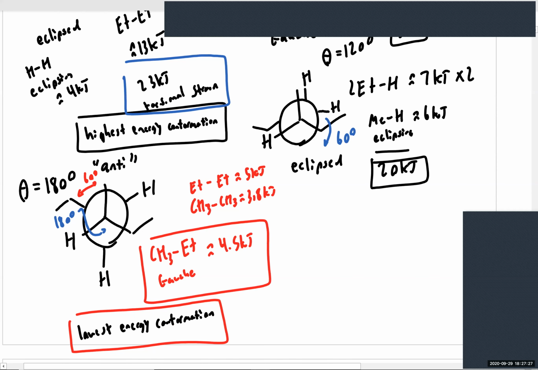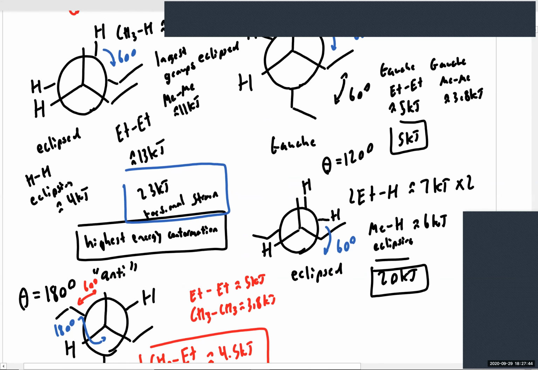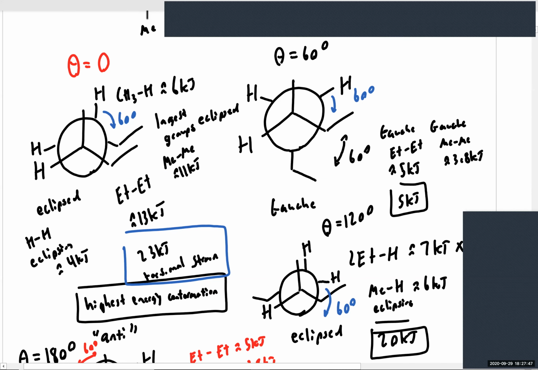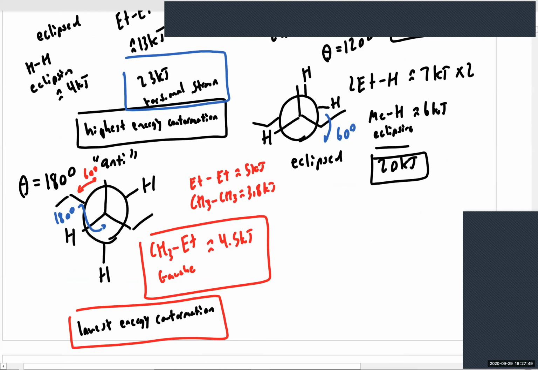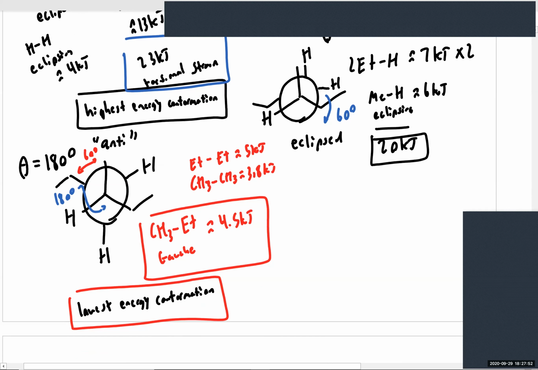I am showing you all of the conformations as a function of dihedral angle because it really showcases how we calculate torsional and steric strain and how we can justify that the anti-conformation is the lowest in energy while the eclipsed conformation is the highest. Does that make sense to everyone so far? Any questions?